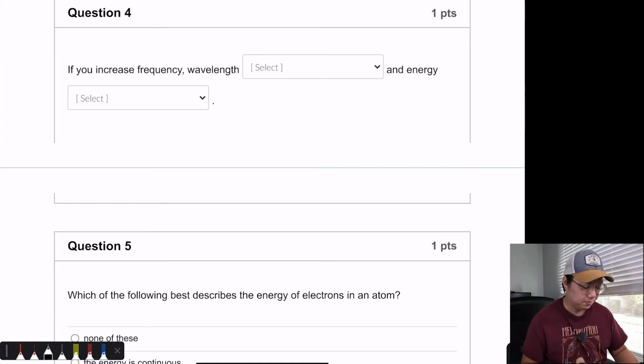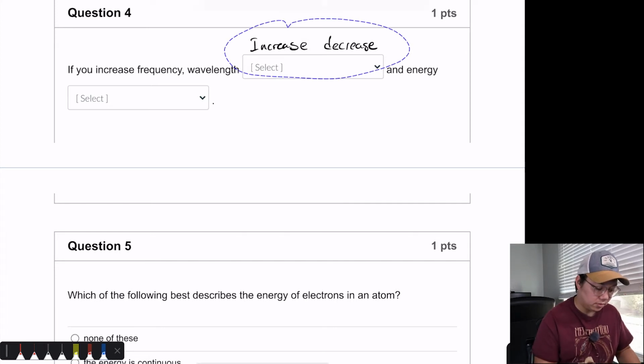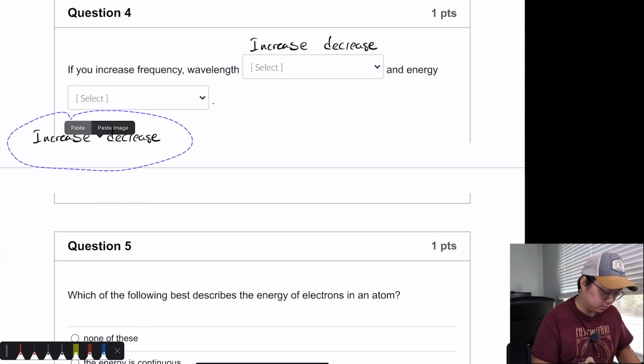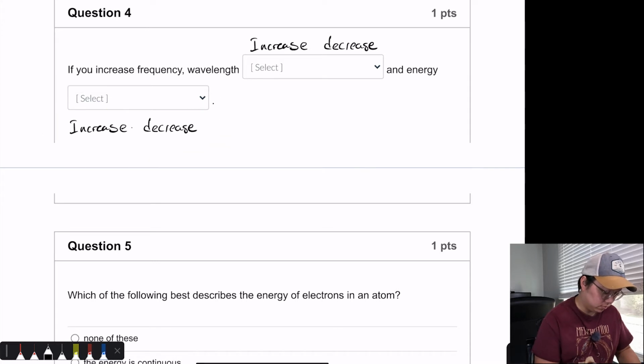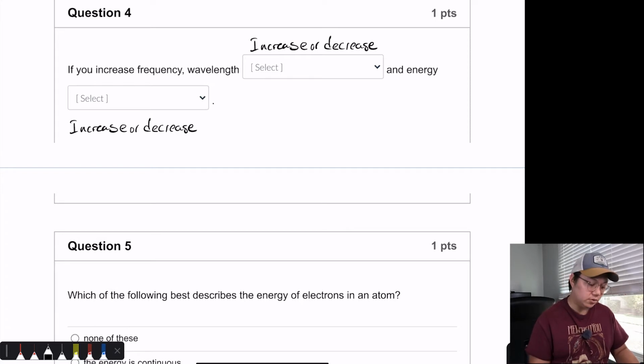Oh, perfect. So we kind of already covered question 4. If you increase frequency, wavelength what, and energy what? So our options here are either increase or decrease. And we're going to have the same options for both of these. So if we increase frequency, then our wavelength will decrease.